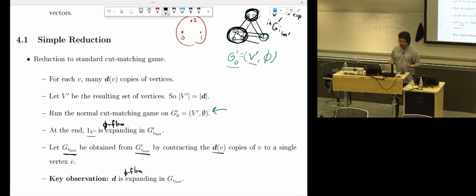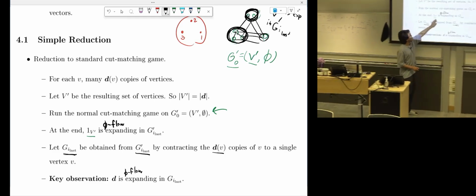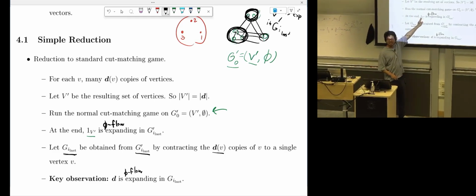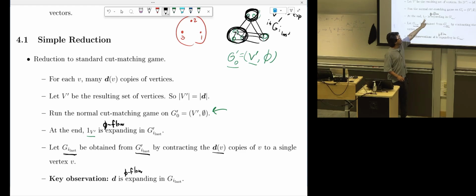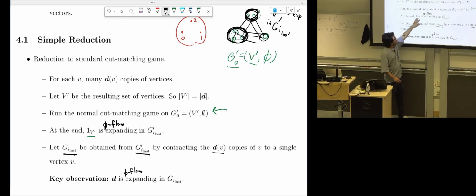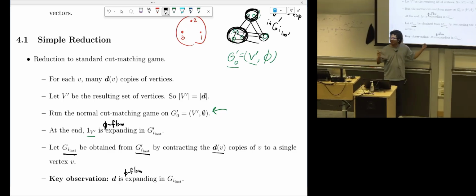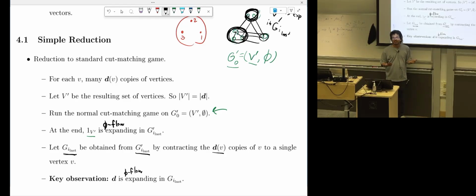The way to think about this is the following. Imagine that you have a demand that respects this node weighting, and you can send this with congestion 1/phi, because it's phi flow expanding. You can send the demand on this graph before contraction. And if you look at the graph after contraction, the congestion cannot increase.